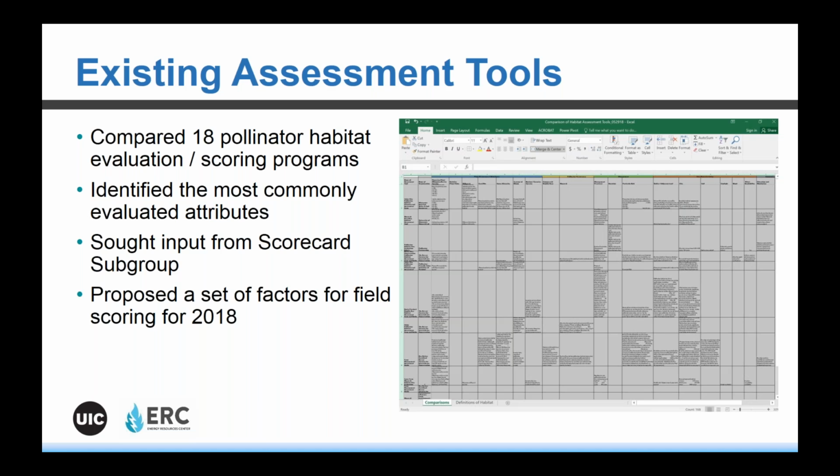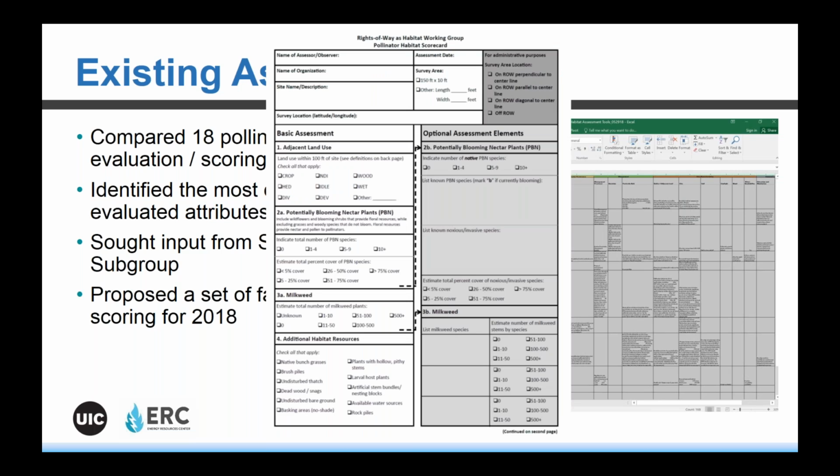And last year, we proposed our first draft of the scorecard. It was essentially a two-tier approach: a basic assessment plus an added optional assessment. We field tested it with a number of different organizations, had a lot of feedback, and basically decided there were some things we liked about the scorecard, but there were other things we didn't.